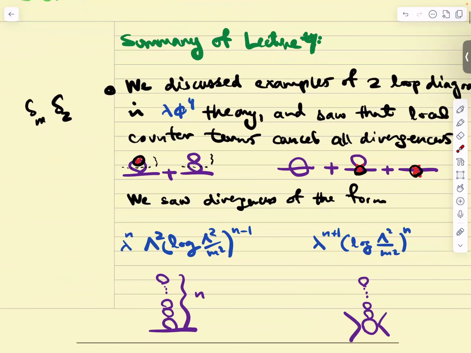Now, what was very interesting here was that, because this is order lambda squared, you needed this to have a lambda squared term. So you expand your delta Z and delta M in terms of lambda. There is a first order term. What was the first order term for delta Z?